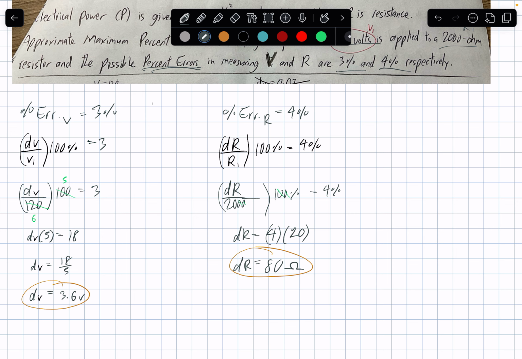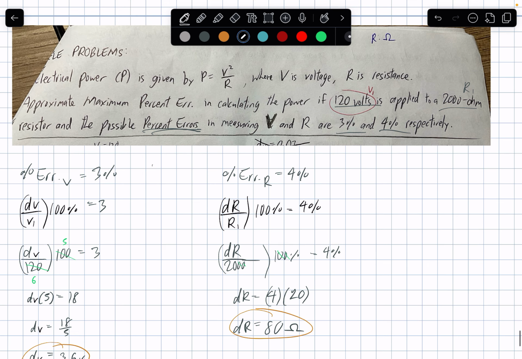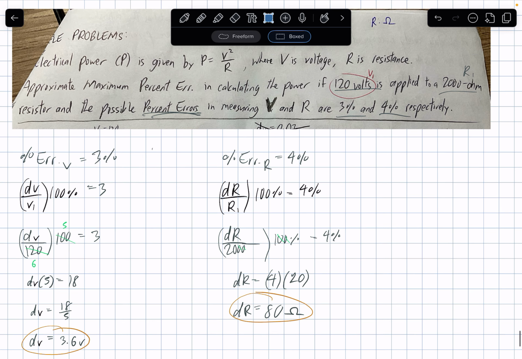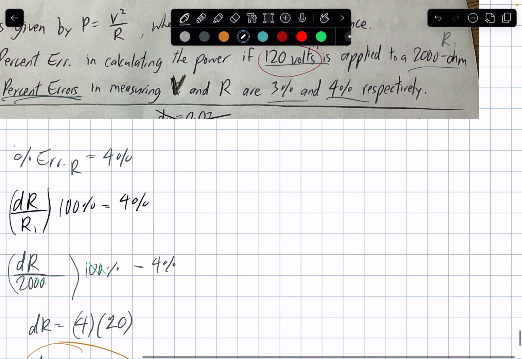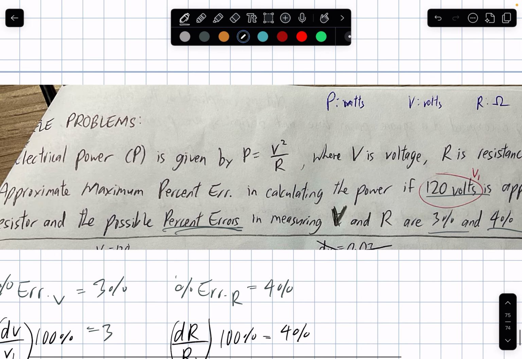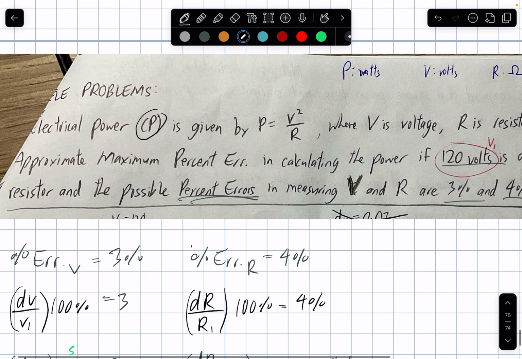So, using total differentials, how do we form our equation? Again, our P is power, right?